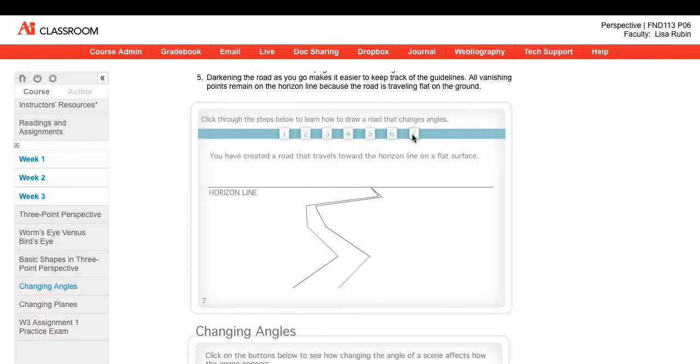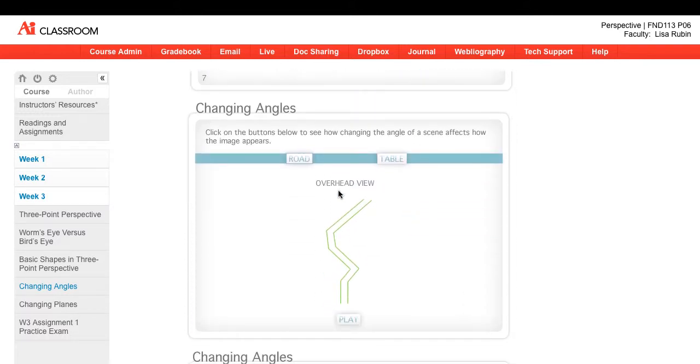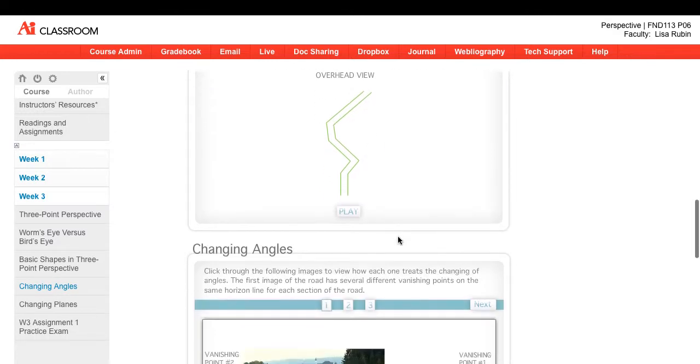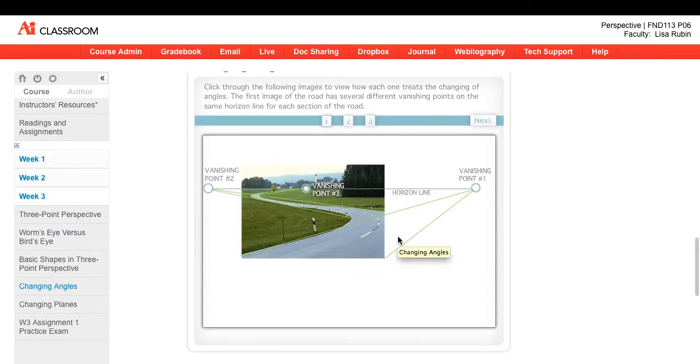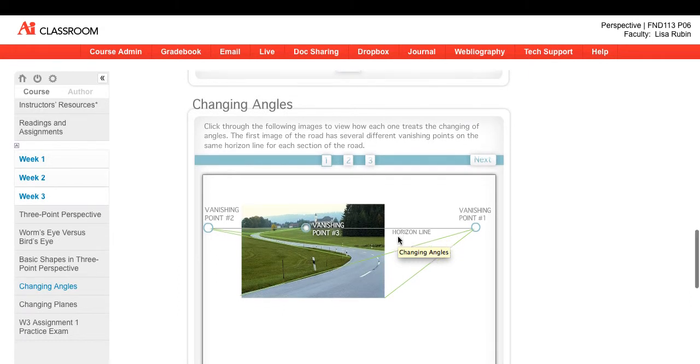It's just breaking down the pattern by using vanishing points. Should be pretty clear. And here is a video that I would urge you to watch. Here's one with changing angles, again showing you what a road in real life looks like.